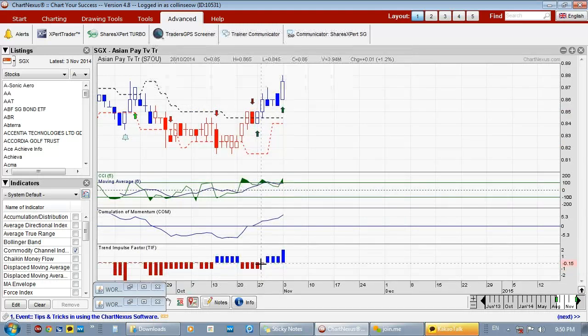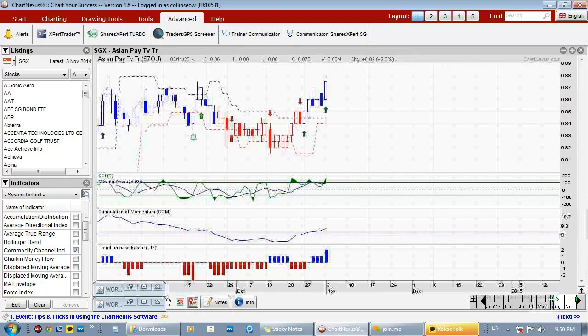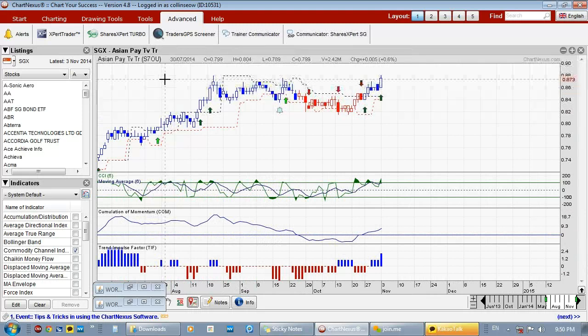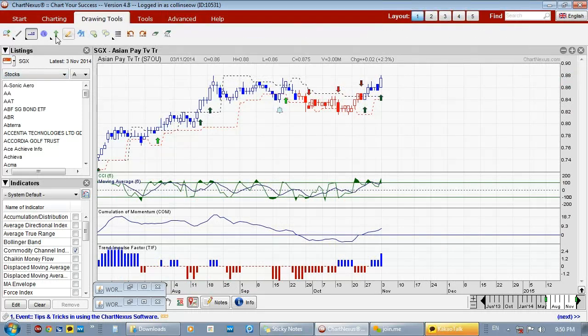The second today, there is an arrow, break of resistance, and also a trend impulse. So we can see that for this stock the up is developing, maybe going higher. Right now we are at the resistance. Can you all see that the stock is at the resistance?